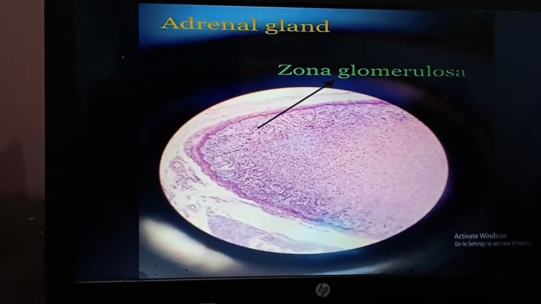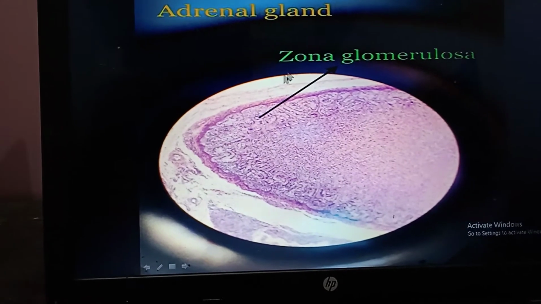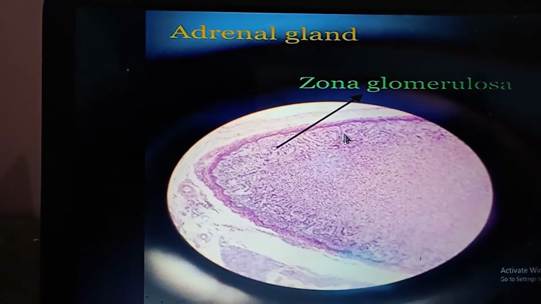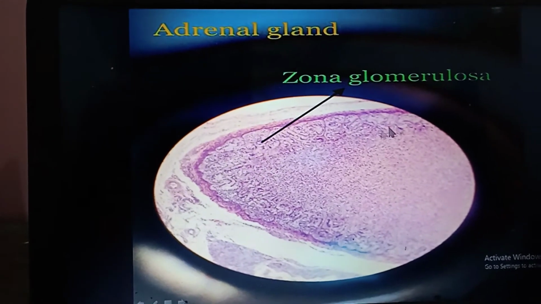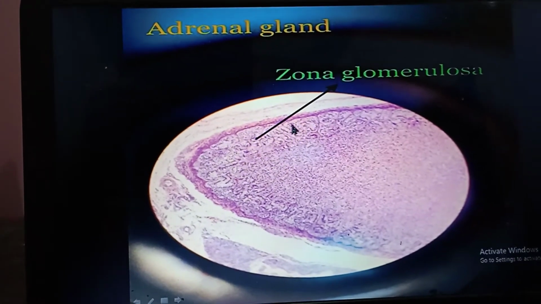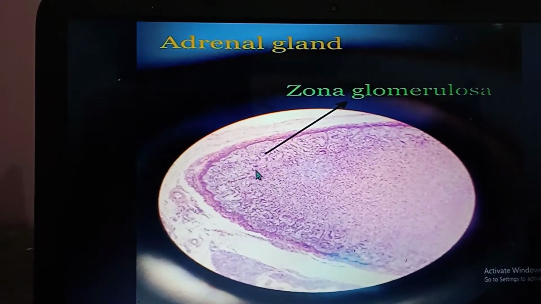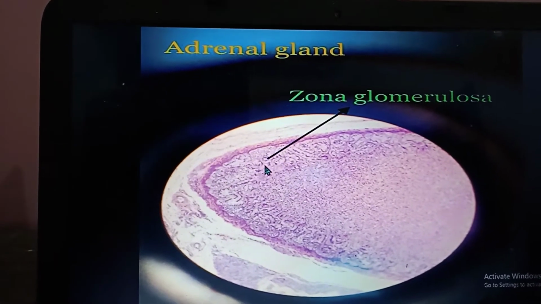This is the histological slide of the adrenal gland. Here the lining is GFR, not glomerular filtration rate. It is zona glomerulosa, then zona fasciculata, and then zona reticularis.